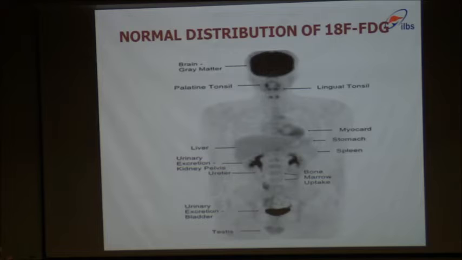According to the organ, the brain takes the maximum, but since it is excreted in the urine, the maximum is collected in the urine. I am calling FDG a dye, as it is a common term.